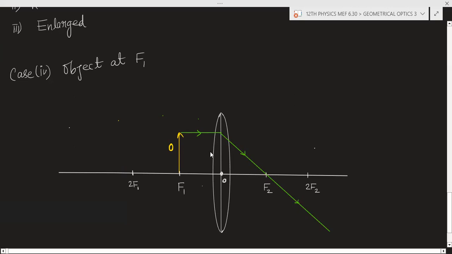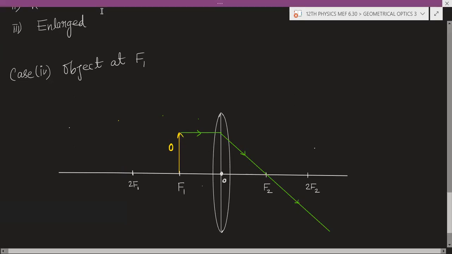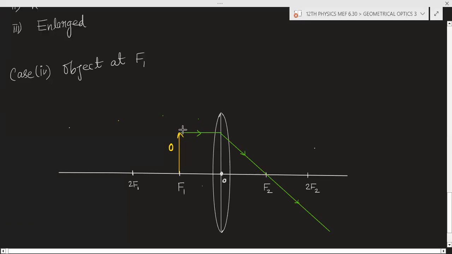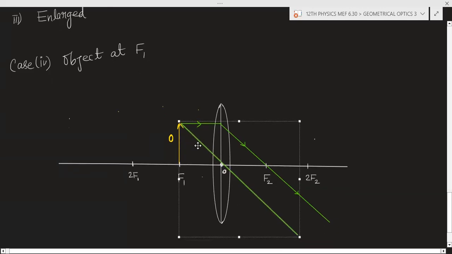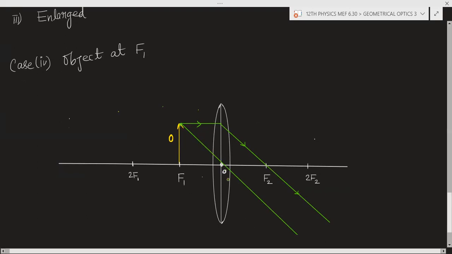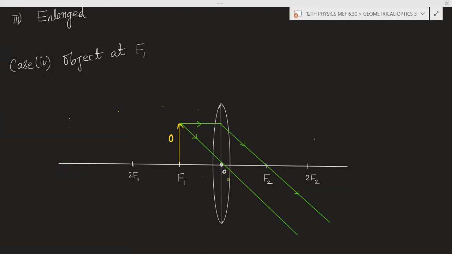Now another ray from the object is passing through the optical center, and whenever a ray of light passes through the optical center, it passes straight.